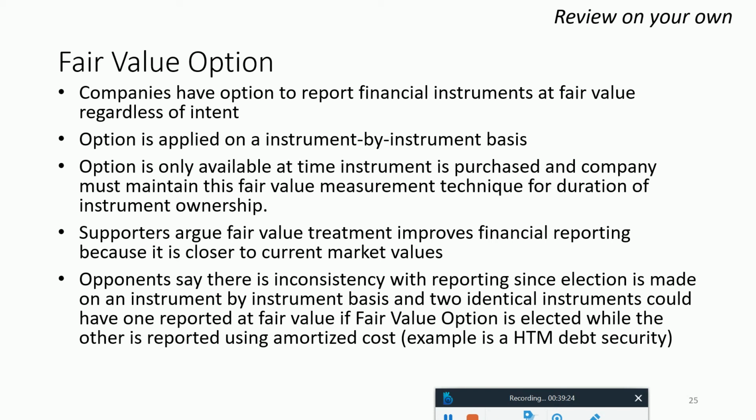So where you would see this happen is if there were 2 held to maturity debt securities, and because they make this election on an instrument-by-instrument basis, a company elected for one of the instruments to be reported at fair value, while the other one, because it was a held to maturity debt security, would be recorded at amortized cost.